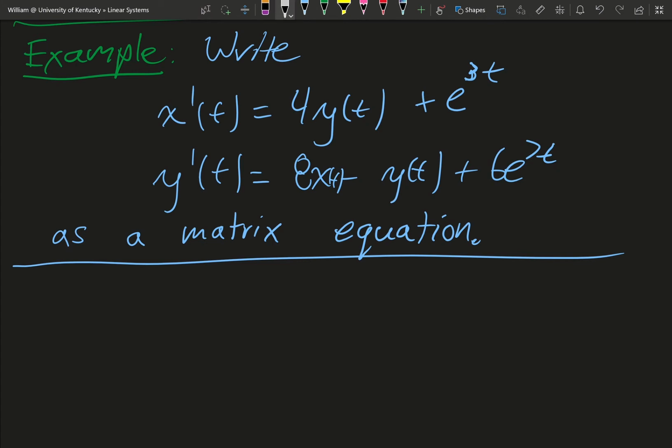Okay. So we have these sort of unaffiliated terms, e to the 3t, 6 e to the 7t. We have this thing going on here.